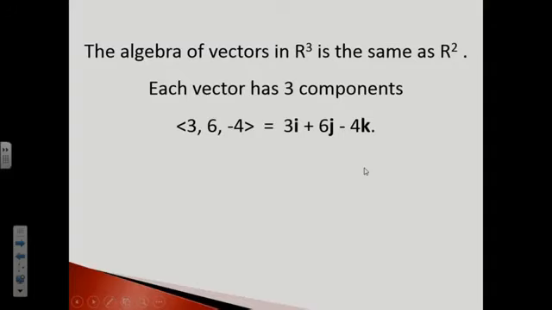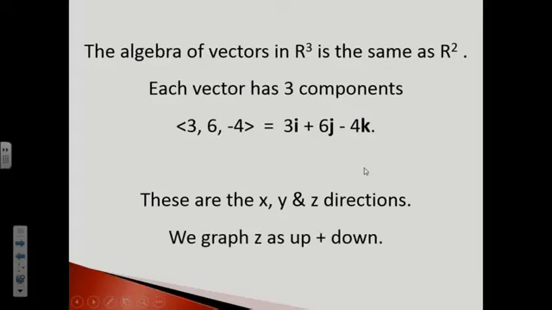In this representation, i, j, k are the standard basis vectors in the direction of the positive x, y, and z axes respectively. Since R2 is the horizontal plane, the z direction will be the up and down direction.